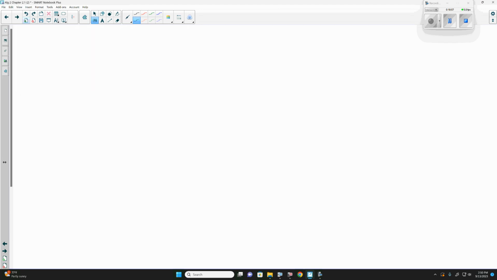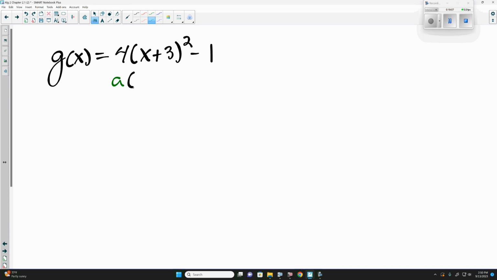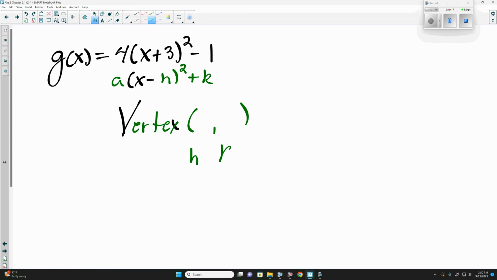Let's actually look at one that doesn't have that. Now again, we're comparing this to a times x minus h squared plus k. And our vertex is the point h comma k.